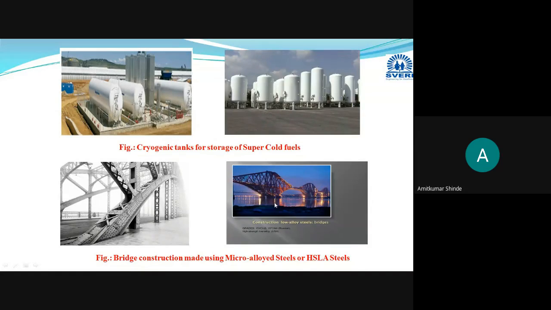In this bridge also, high strength low alloy steel is used for the manufacturing, because these have very good weldability and machinability, and due to the addition of alloying elements like manganese, chromium, tungsten, they provide the required strength, with minimum possible weight. That's why these are used in the construction of bridges.